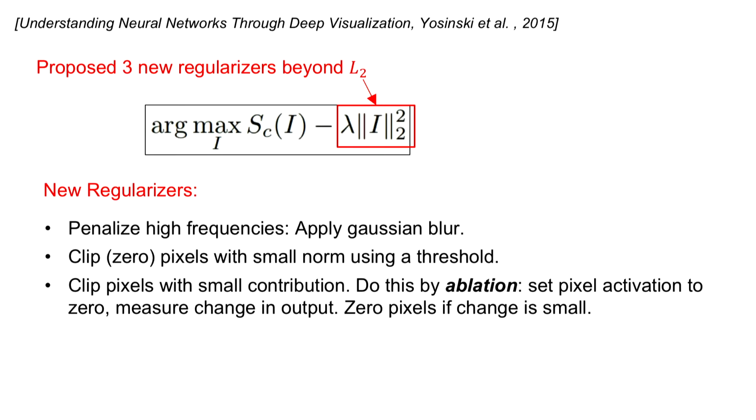So they applied a penalty, a regularizer, to that. Also, there are a lot of pixels that have very weak values, and so they just clip them back to 0. They basically clip the pixels in 2 different ways.